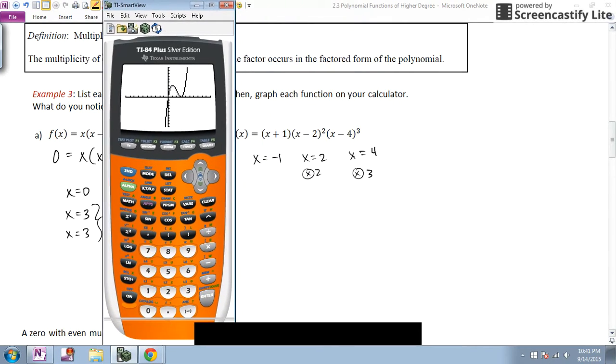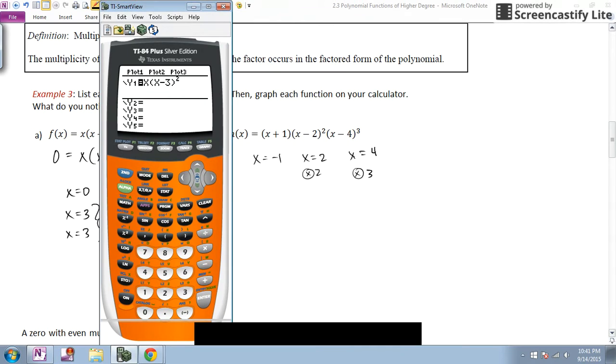But let's just make sure with this next one. So y equals, I'm going to clear this out, x plus 1, and then x minus 2 squared, and then x minus 4 cubed.